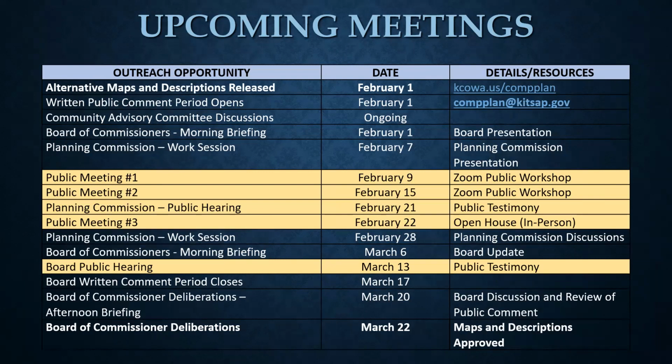As you see here, we're on public meeting number 1, so February 9th. We have another one next week, which I will be doing from my actual office, not my home office. And then we have a planning commission public hearing. What's the difference between these public meetings and the planning commission public hearing? The public meetings, again, are this workshop format where people are able to talk and provide comment.